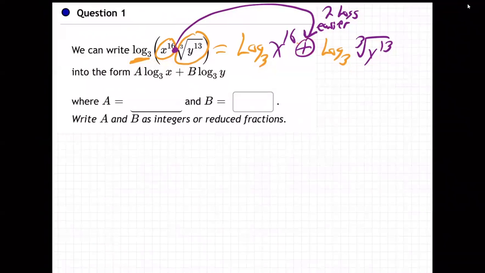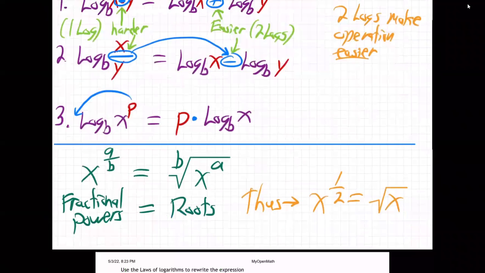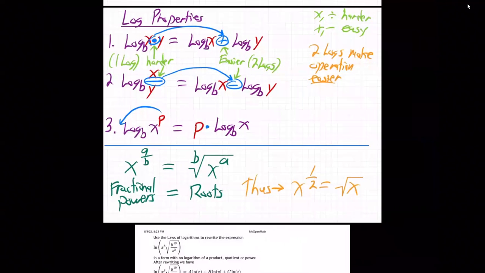Now, what can we do from here? Well, now the root. Let's go over here and talk about this root thing. What do we do with that? That's what I'm giving you down here: fractional powers become roots. Have you seen that before? It's important in this section.